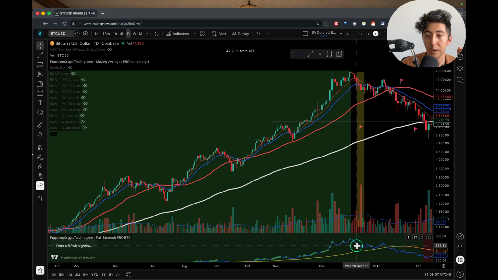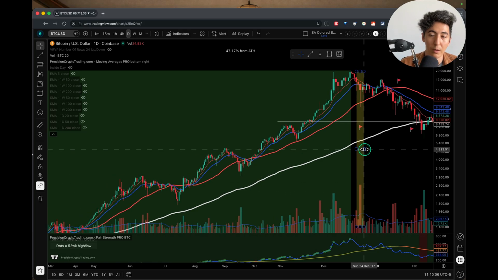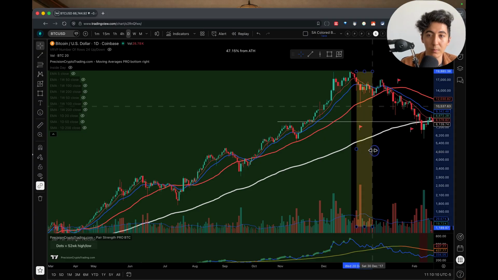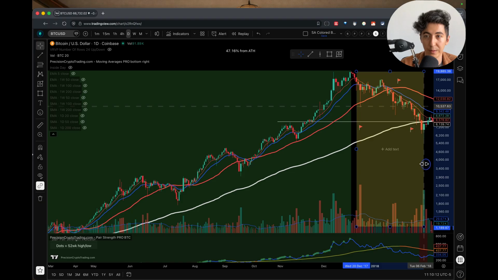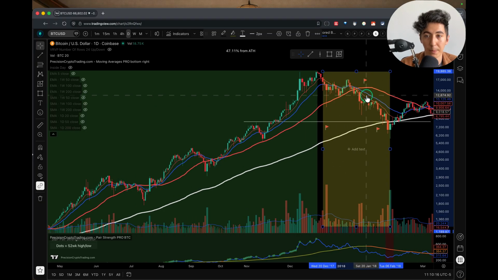And then we have a sharp decline, and then this extreme volume of distribution. So I'm already thinking now, we're in distribution. And the signs are not pointing towards a continued trend.